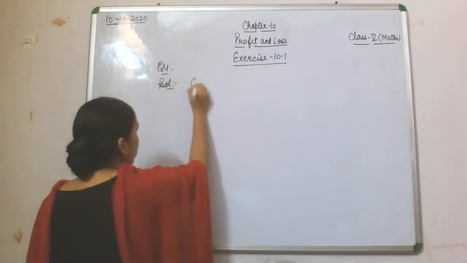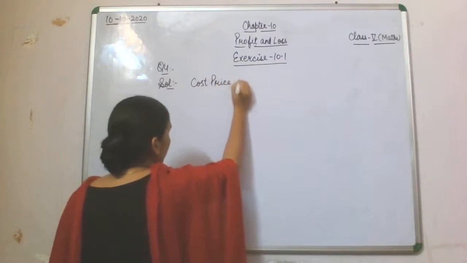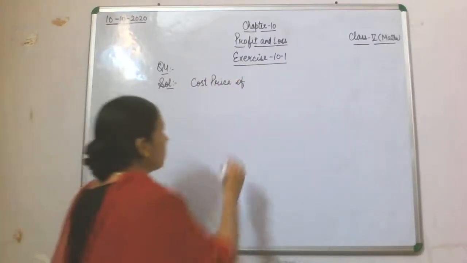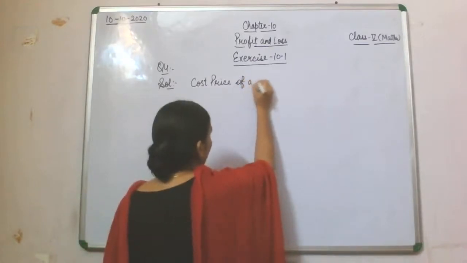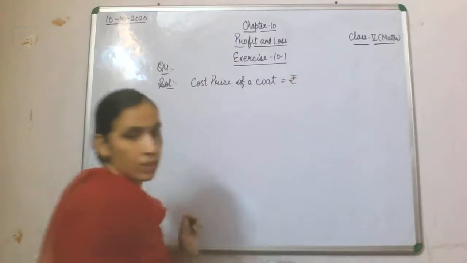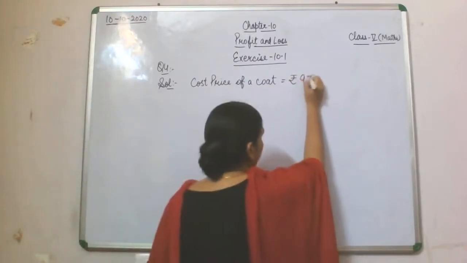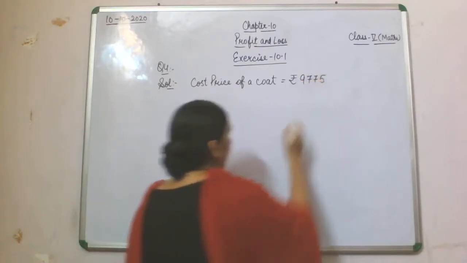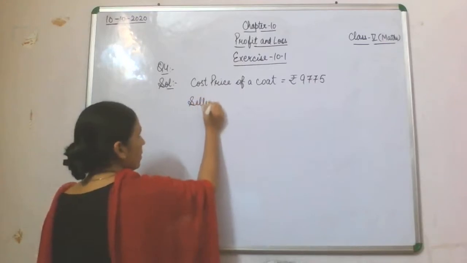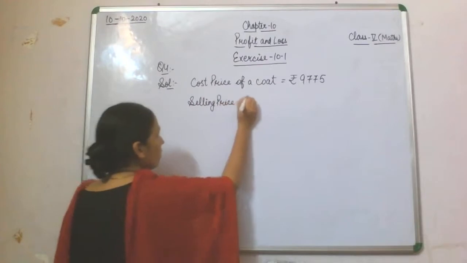Now here, cost price of a coat. What is the cost price? That is rupees 9,775 and selling price of a coat.